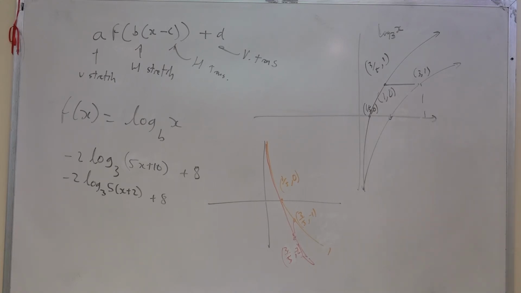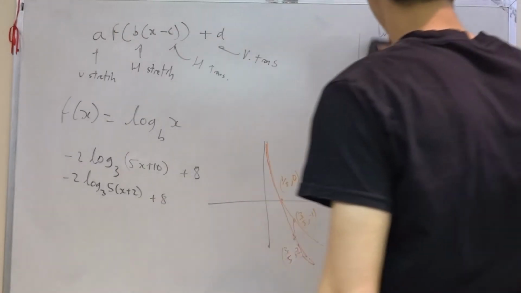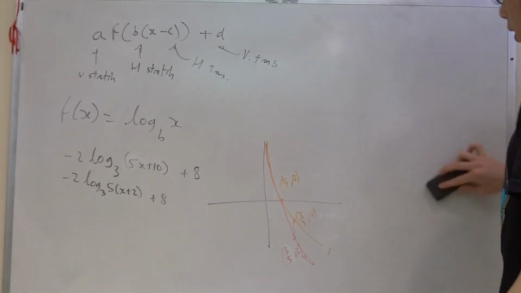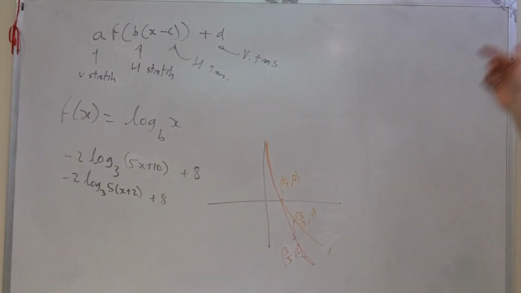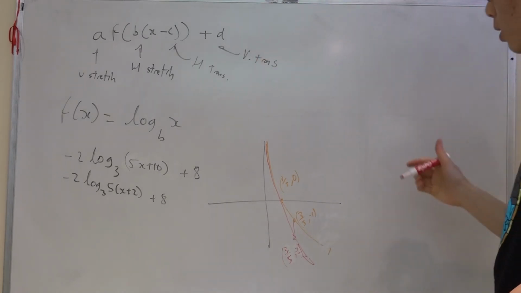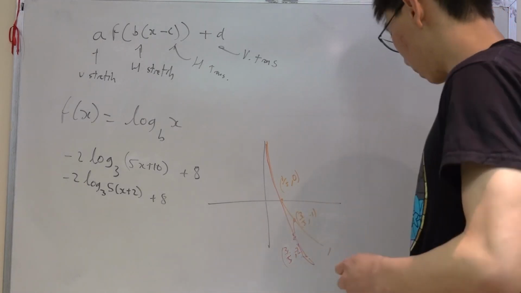Right. So now all we have to do is take care of all the translations. That should not be too hard. You just have to calculate them. So if you take the point (1/5, 0), shift it left by 2 and up by 8, you get, well, maybe I should draw the axes first.